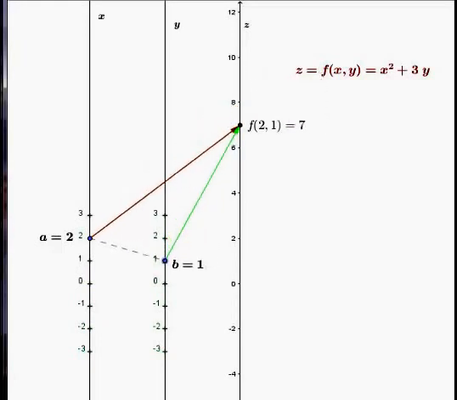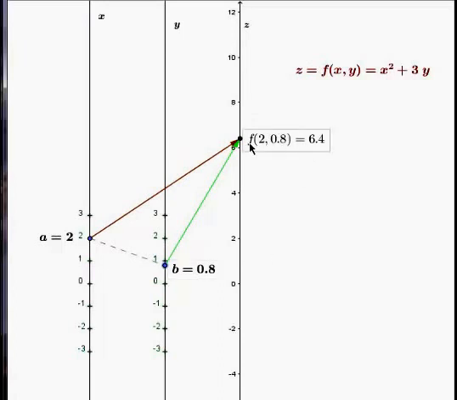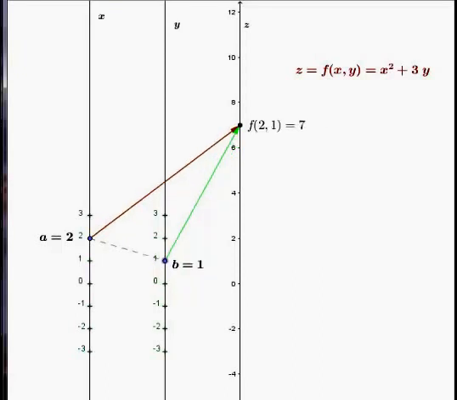And we see the values of the function changing on the z-axis as well. So here we are at x is 2 and y is 1, and the value is 7 for our function. Now we can do this with many more pairs.